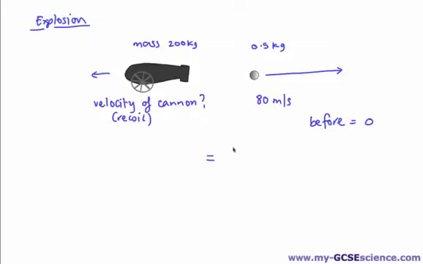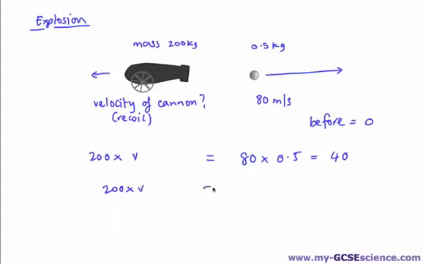After the explosion, we've got to add the two momentums together. So for the momentum of the ball, it's 80 times 0.5, which will be 40. And over here, we've got 200 times v equals 40.